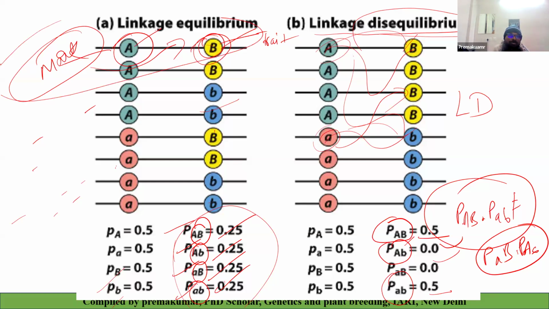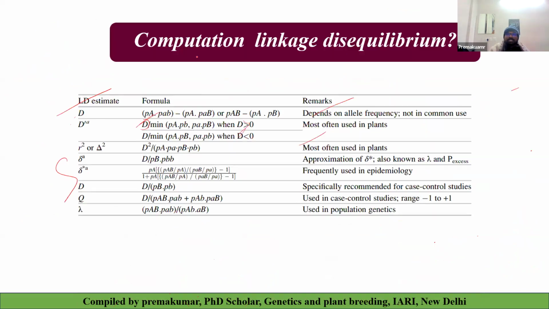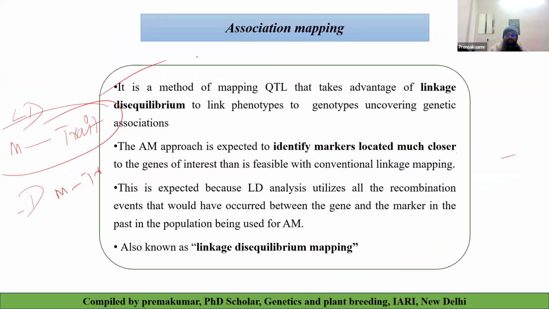This process is called association mapping: we are associating a marker with the trait, by the values of LD. We know that when they are in LD, they will definitely be inherited together. That's why we check whether the marker has an LD with an important trait. That process is known as association mapping.